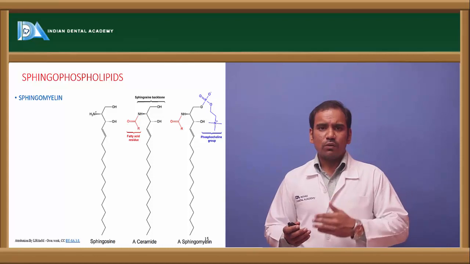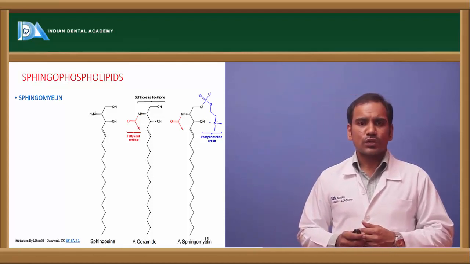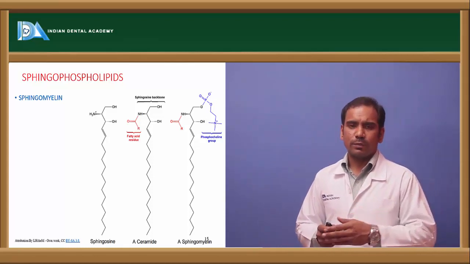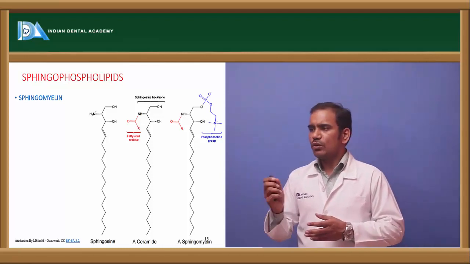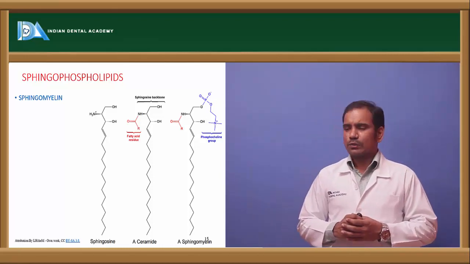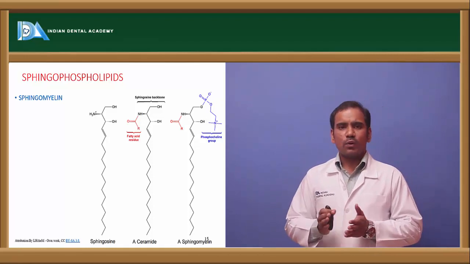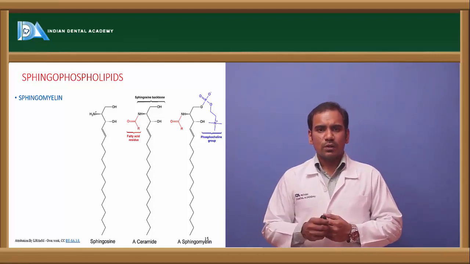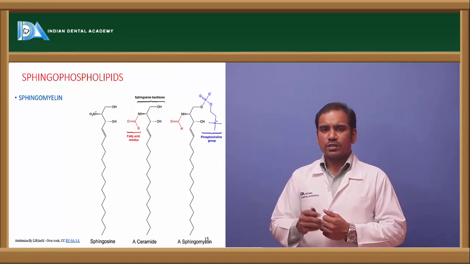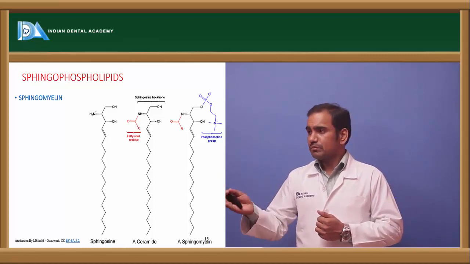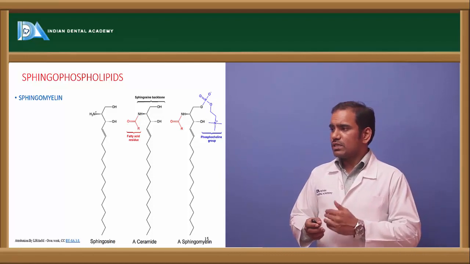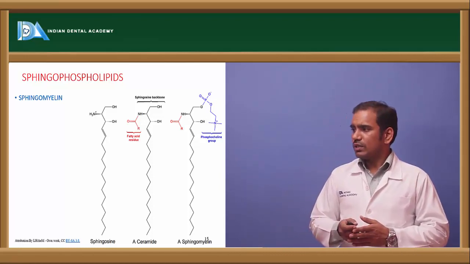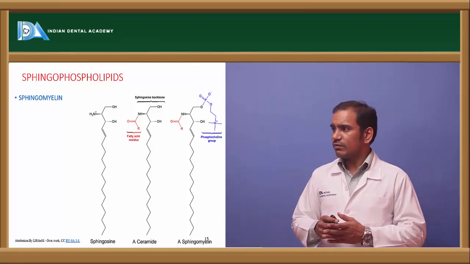So till now we have seen the glycerophospholipids, a type of phospholipids, and the other subclassification of phospholipids is sphingophospholipids. These sphingophospholipids have the alcohol sphingosine, and in addition to sphingosine they have a fatty acid attached to it.